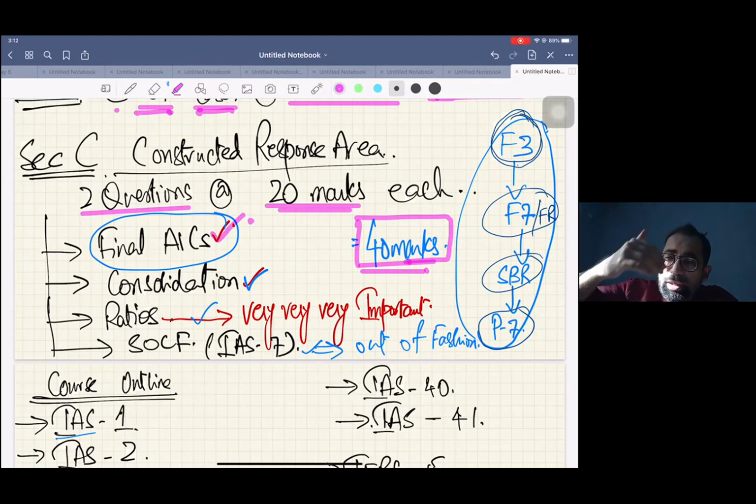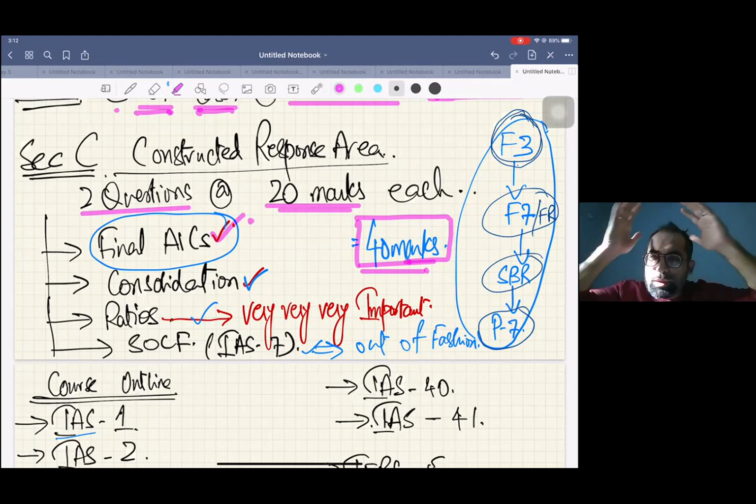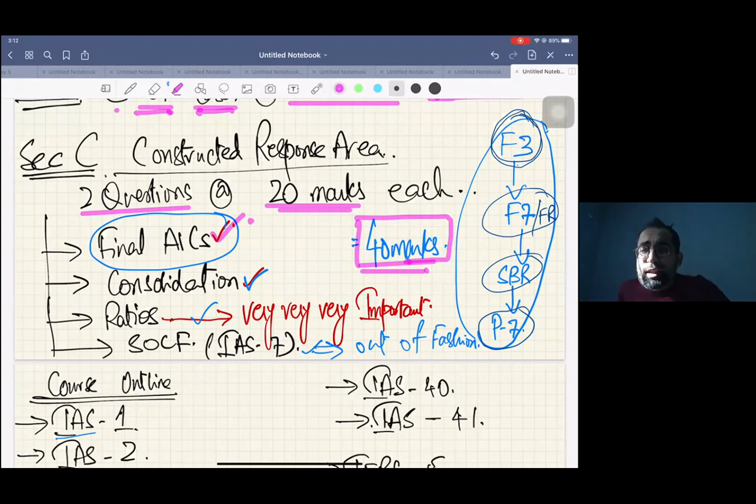But with respect to time, now the latest questions are on profit reconciliation. It means the accountant has already made the income statement in the question, or the accountant has already calculated the profit, but that profit is wrong.